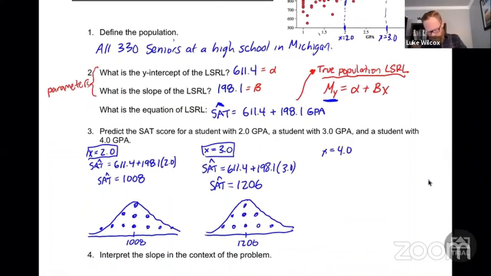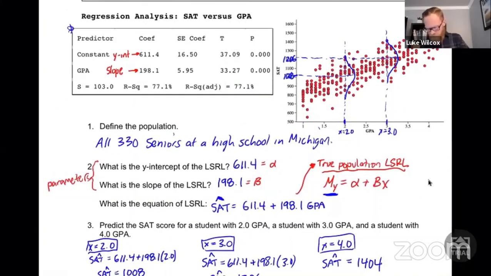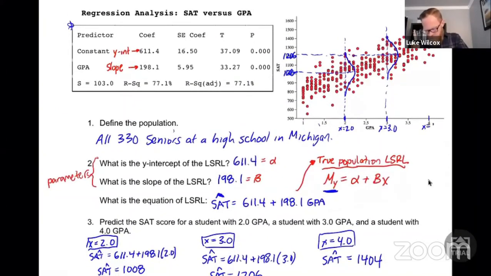Let's move over to the final estimate, which is the one for the GPA of 4.0. And I'll tell you, just by plugging that into the line of best fit, you're going to get a prediction of about 1404 for a student with a 4.0 GPA. If we come back up to our scatter plot here and we look at the students that scored a 4.0, we're going to see that the average is going to be about 1404 for all of those students.